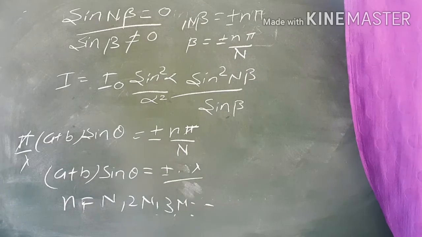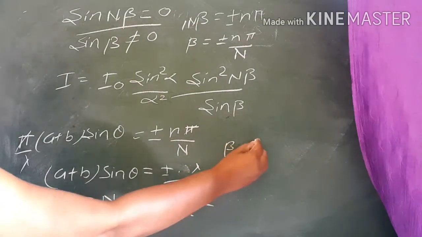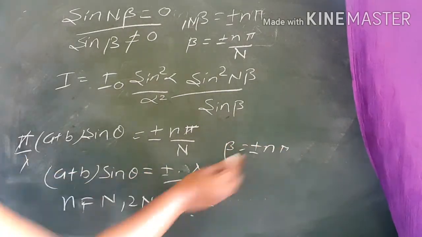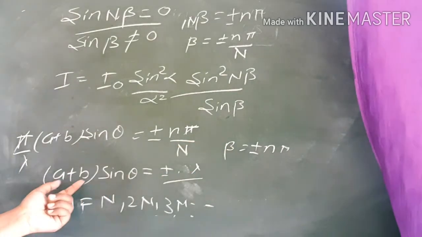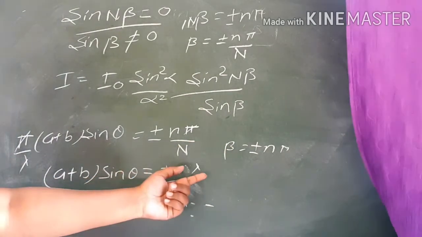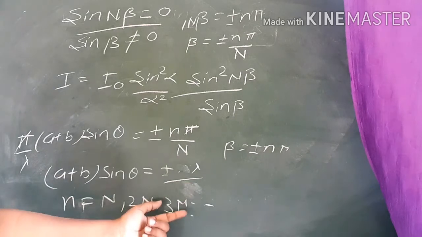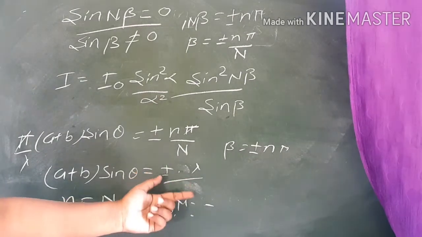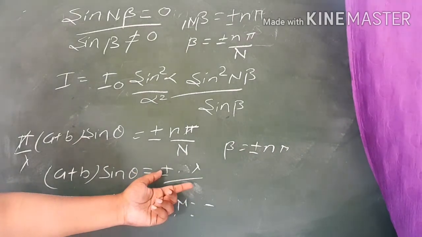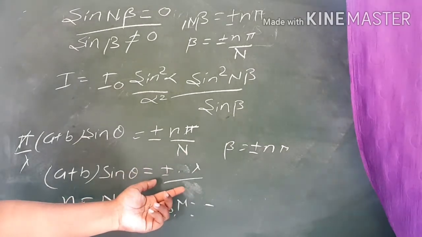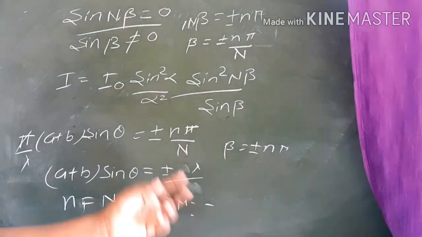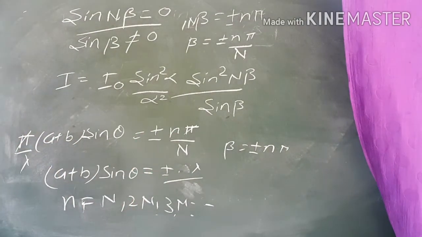For principal maxima, beta is equal to plus minus n pi, and path difference a plus b sin theta is equal to n lambda. Here the same condition is not applicable for minima and maxima simultaneously.